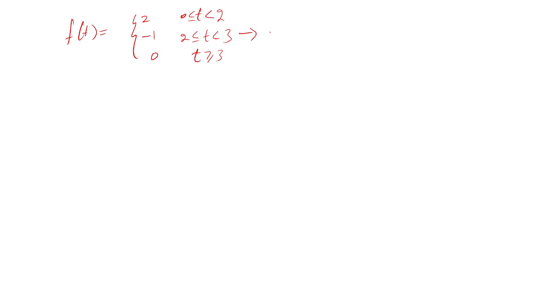So this function can be written using the unit step function as 2 minus 3 times the unit step function of t minus 2, plus the unit step function of t minus 3.